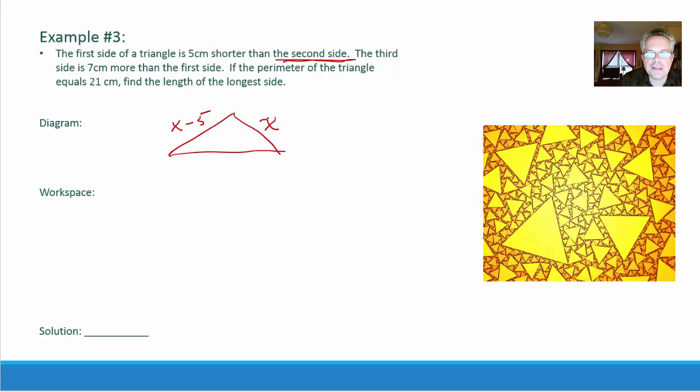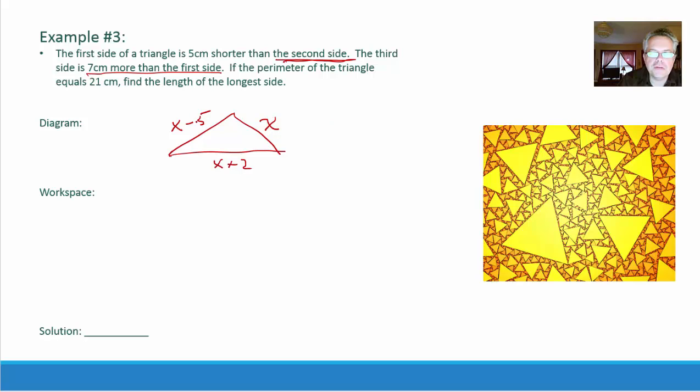So this is the second side. That's the first side. The third side is 7 centimeters more than the first side. So this is the first side. And if I add 7 centimeters to it, negative 5 plus 7 is 2. I get X plus 2.